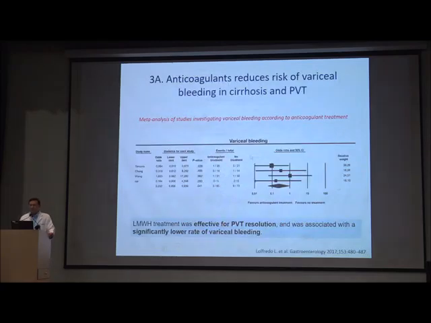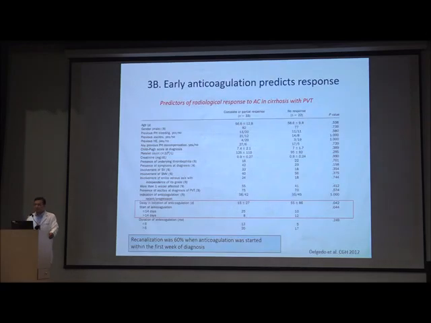This is a meta-analysis of studies investigating variceal bleeding according to anticoagulation therapy, and it has beautifully shown that anticoagulation therapy reduces the risk of variceal bleeding in patients with PVT. In this study, they used low molecular weight heparin, which was effective in PVT resolution and was associated with a lower risk of variceal bleeding.